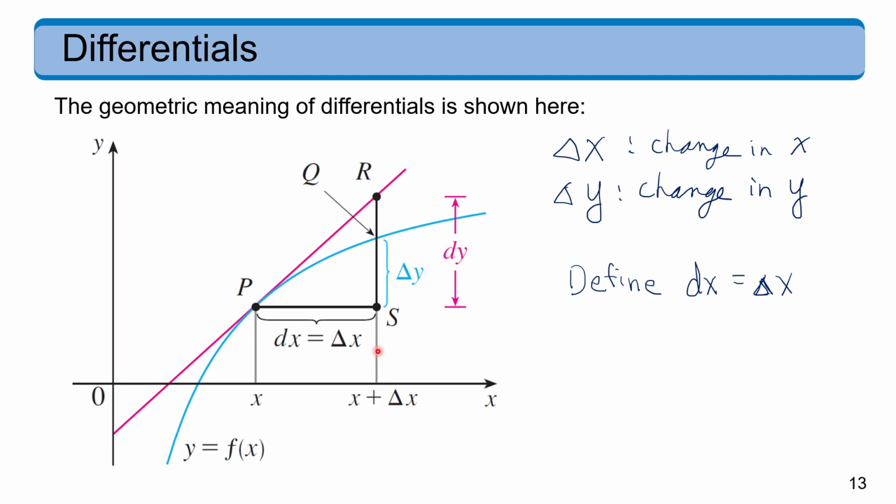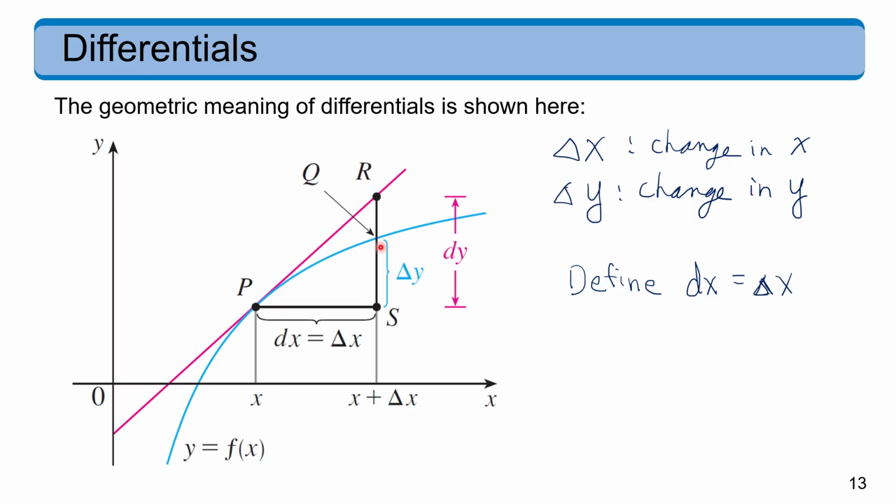And instead of using this point on the curve, which could be hard to find, we're going to take this x coordinate and plug it in to L of x, which will be much easier to find. So now we have point R instead of the real value, point Q. So our new y value will be estimated by the y value at point R, whereas the actual value is the y coordinate of point Q.